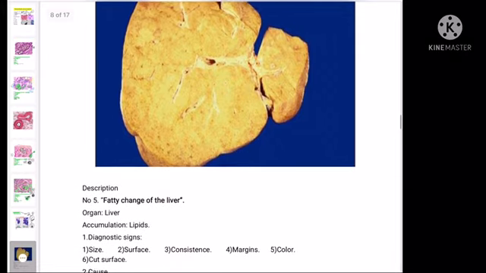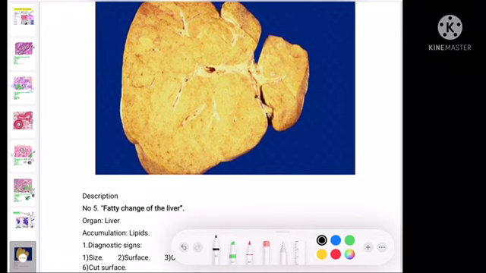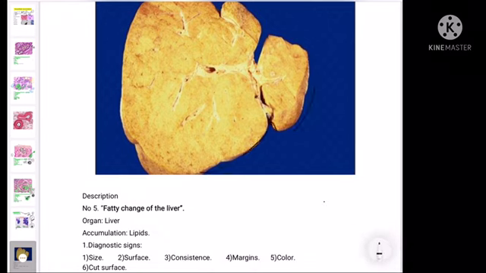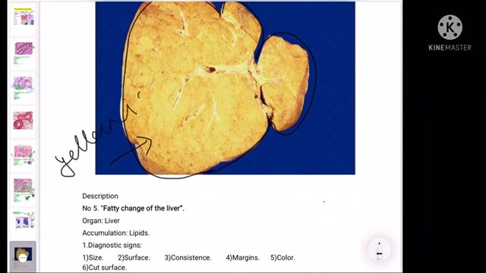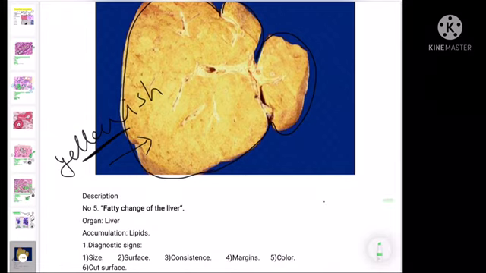Next one is a fatty liver. This is the liver, and we can see that the surface is smooth and yellowish. So it's a fatty change in the liver, like accumulation of lipids in the liver.